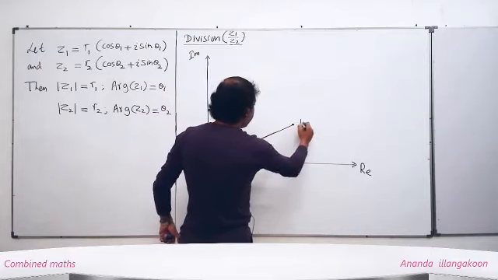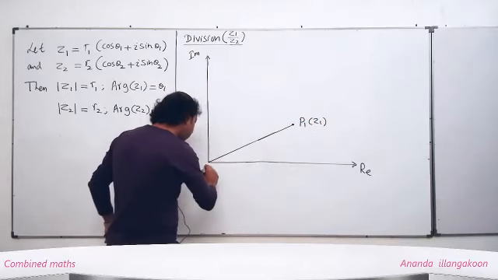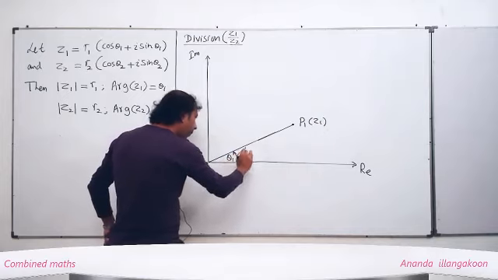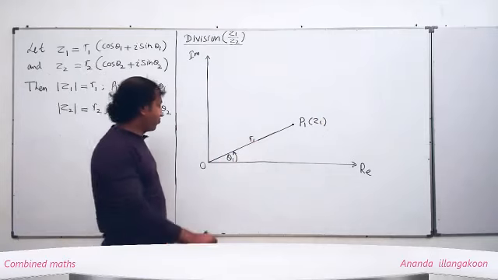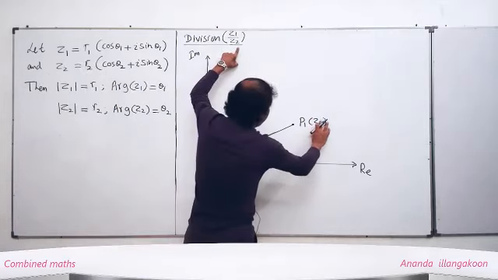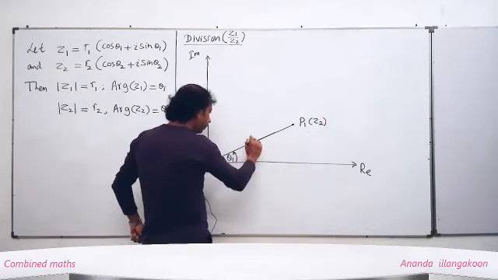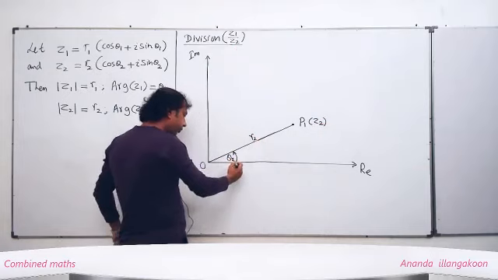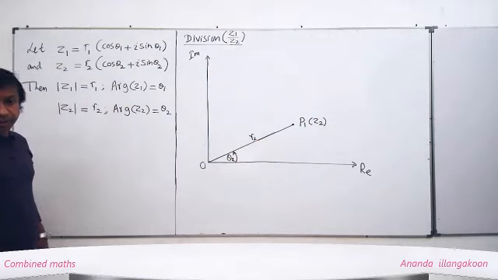Suppose P1 is the point representing the complex number Z1. Here O, this is theta 1, R1. No, theta 2. The denominator only we mark first. Z2, it's R2, theta 2. We mark the denominator first, like this. Remember this construction, right?